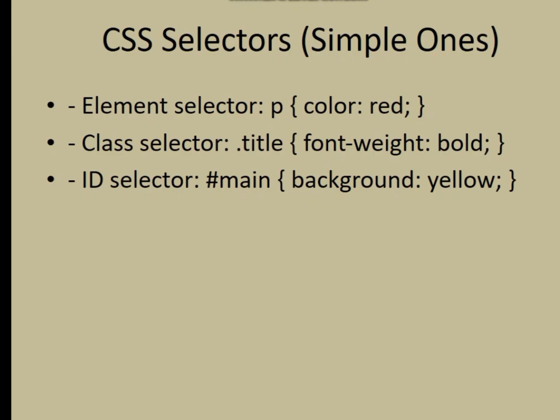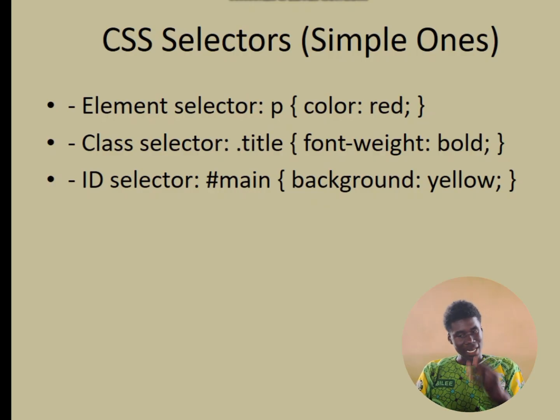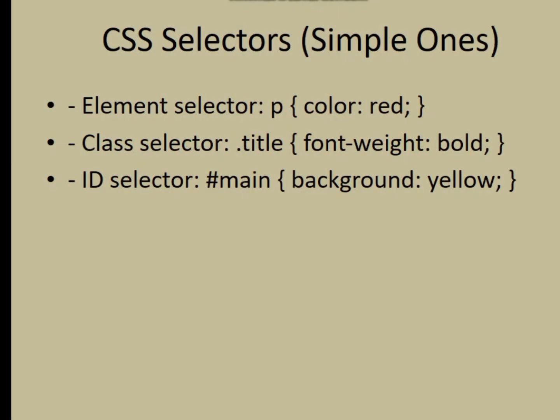As you can see here, if we have our web page and we want all the paragraph tags within the web page to be red, we use the element selector for a single tag. Then we get the class selector. The class selector selects a class. As you can see here, we change the title font to golden.